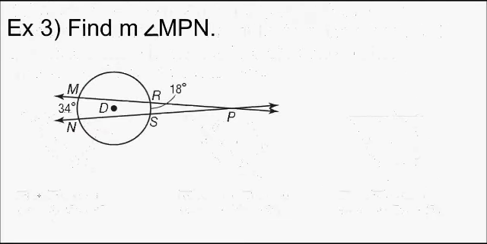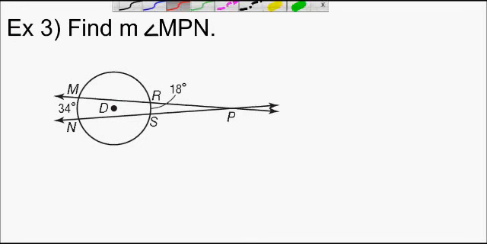Okay, example 3. We want to find the measure of angle MPN, which you can see is formed, the vertex is at the intersection of my two secant lines.